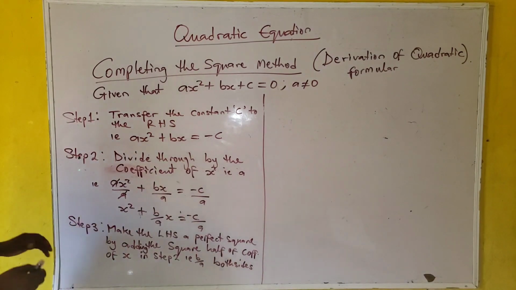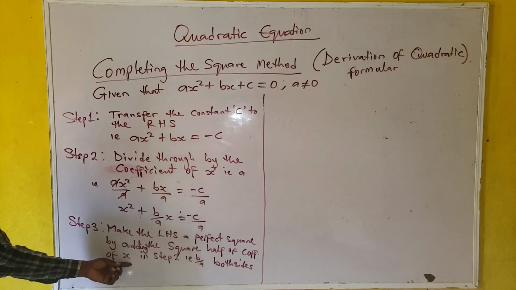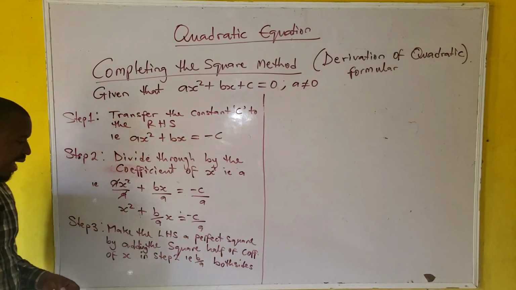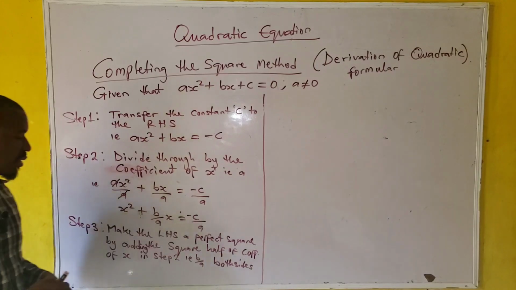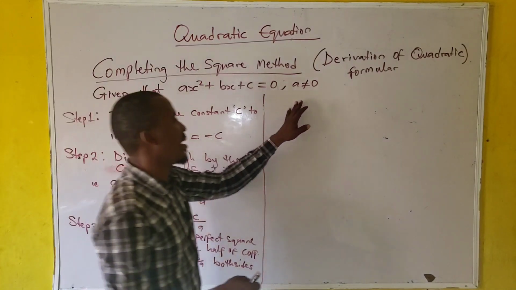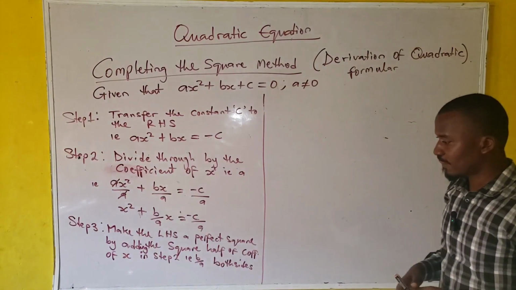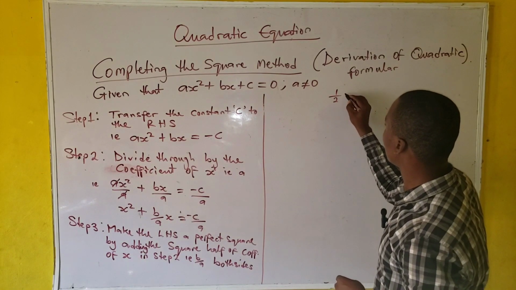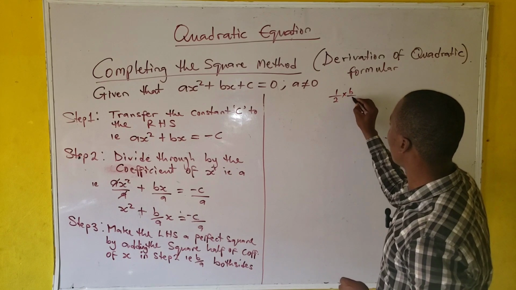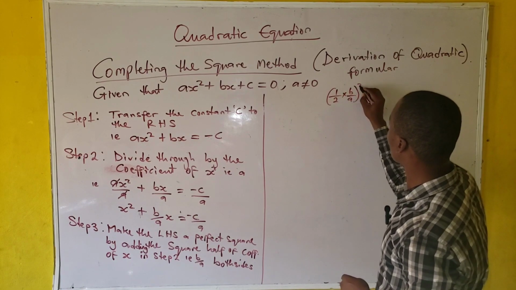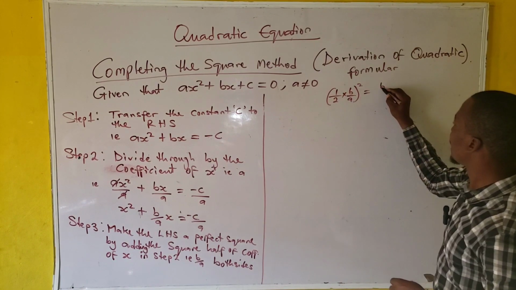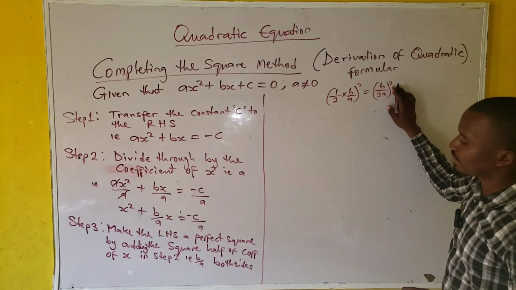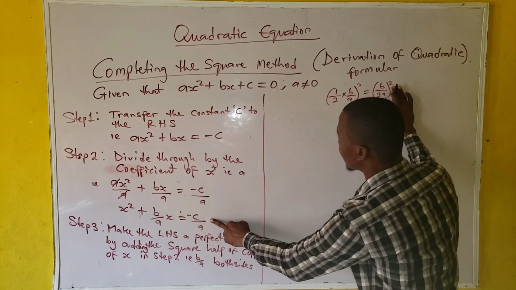So we are going to get the square of half of the coefficient of s, and we add it to the left hand side, and we also add it to the right hand side. So let's do that here. Square half means 1 over 2 of b over a all squared. So that will give us b over 2a all squared. So this is what we are going to add to both sides.